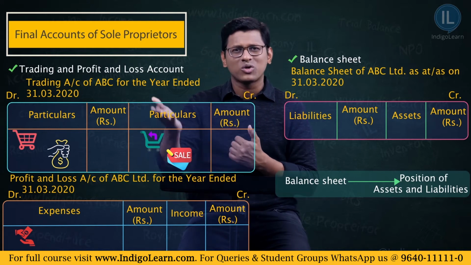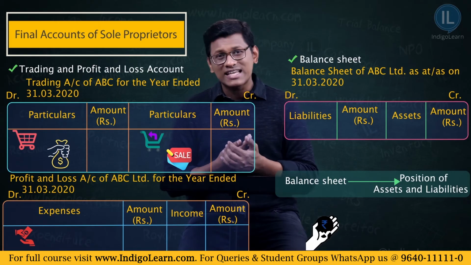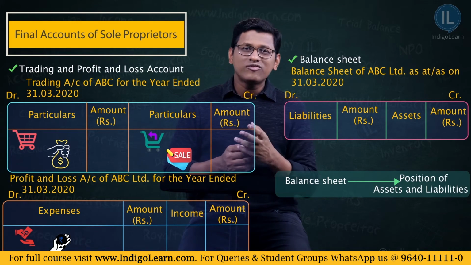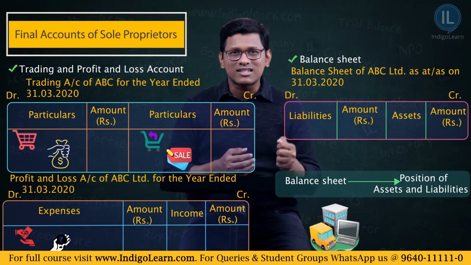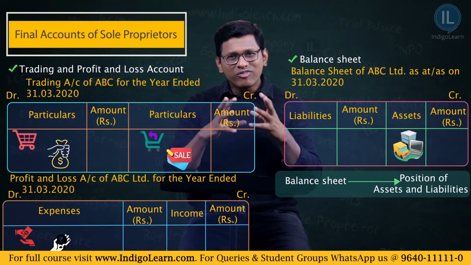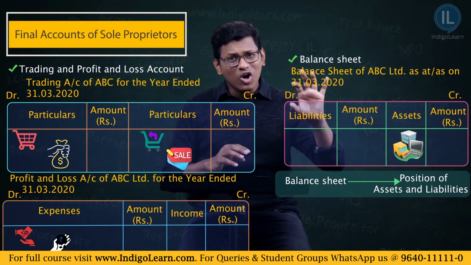Generally, these expenses will go into profit and loss. Then depreciation on assets will go into profit and loss account. Then fixed assets will go into balance sheet.